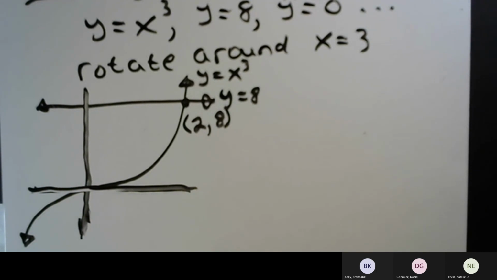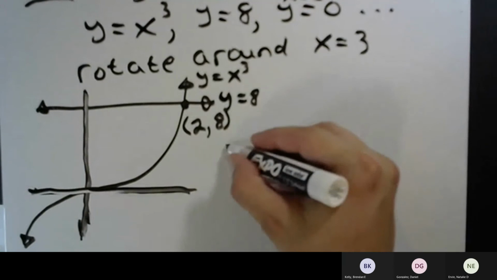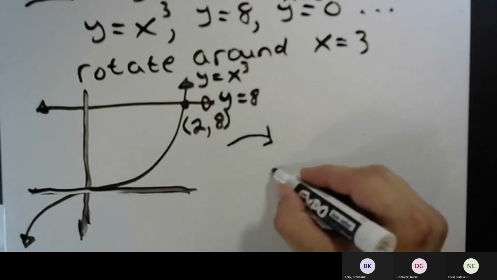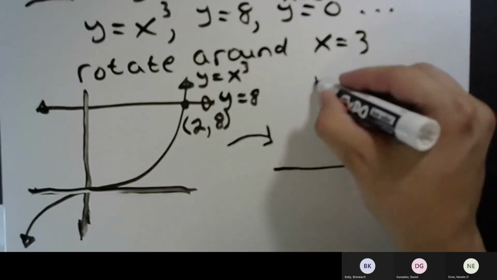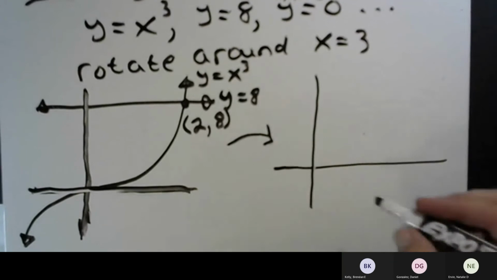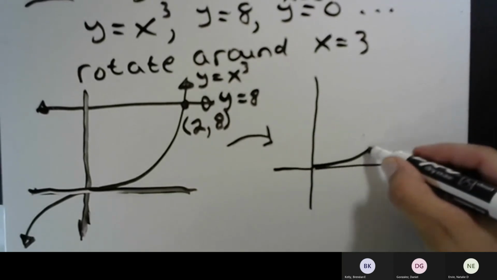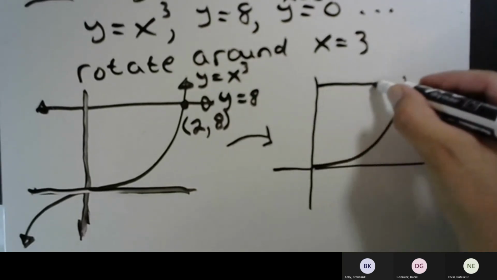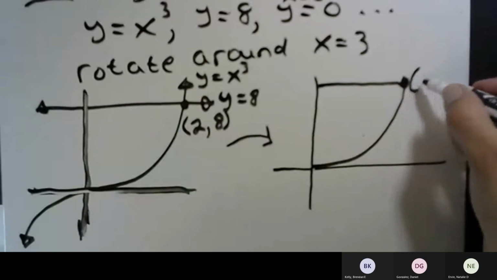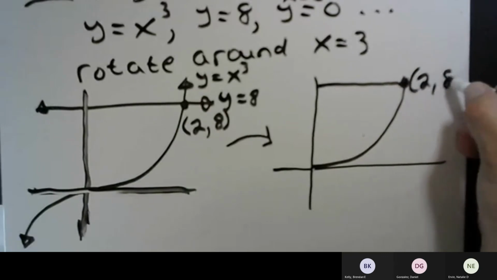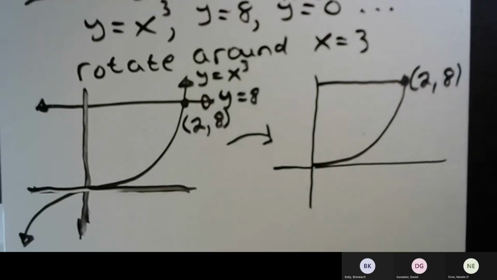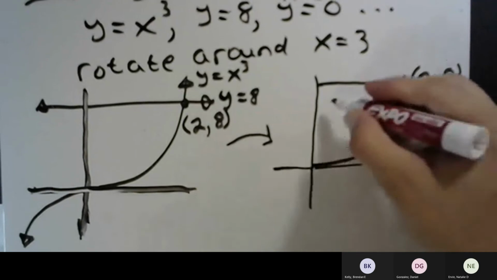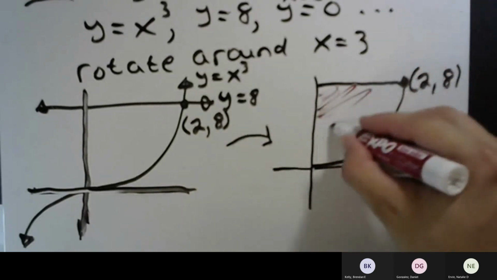So if we pull this little region out, we're going to get something like this.